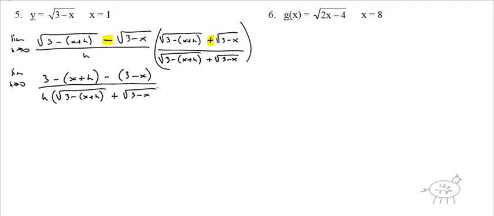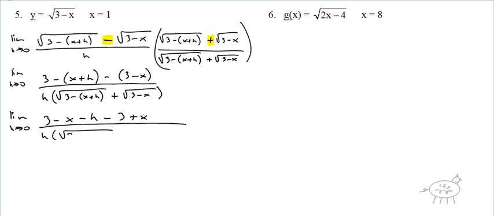Okay, close parenthesis. All right, and let's distribute the top. So the limit as h approaches 0 of 3 minus x minus h minus 3 plus x over h times the square root of 3 minus x plus h plus the square root of 3 minus x.